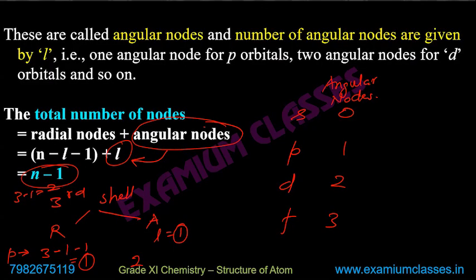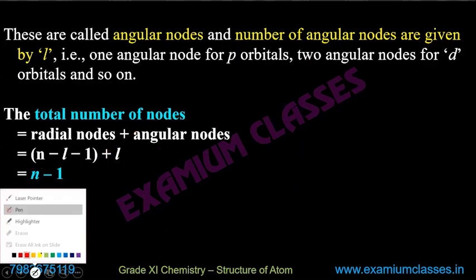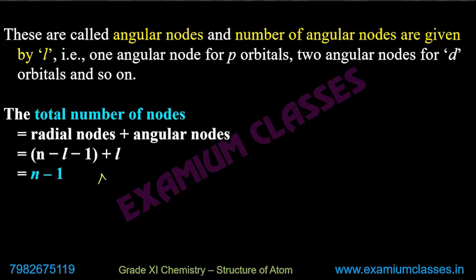You need to remember all three. Questions are very easy. You just need to remember the formula. Once you have understood what we mean by nodes: nodes are those regions within the orbitals where the probability of finding an electron is minimum. I'm writing it and you need to memorize. Number of radial nodes, n minus L minus 1.